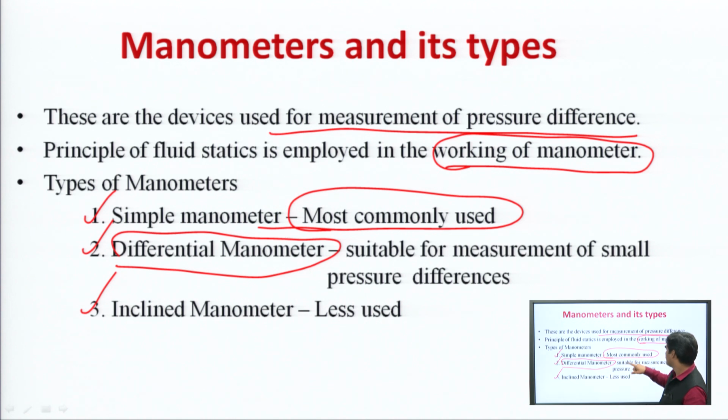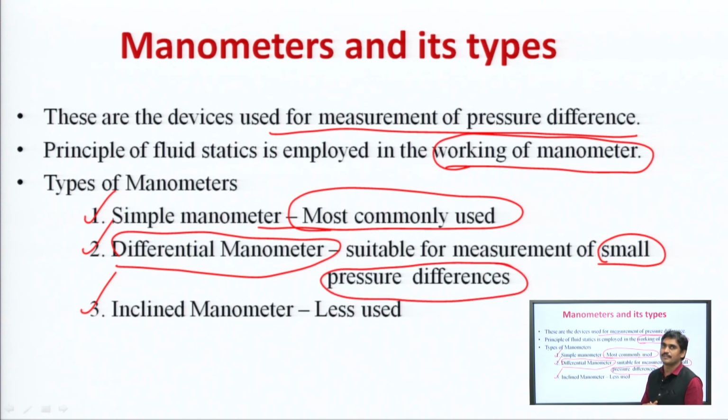It is less frequently used, but it is used for the measurement of small pressure differences. That means if there is a very small change in pressure, that also can be measured with the help of this differential manometer. But with a simple manometer, small pressure differences cannot be properly measured.